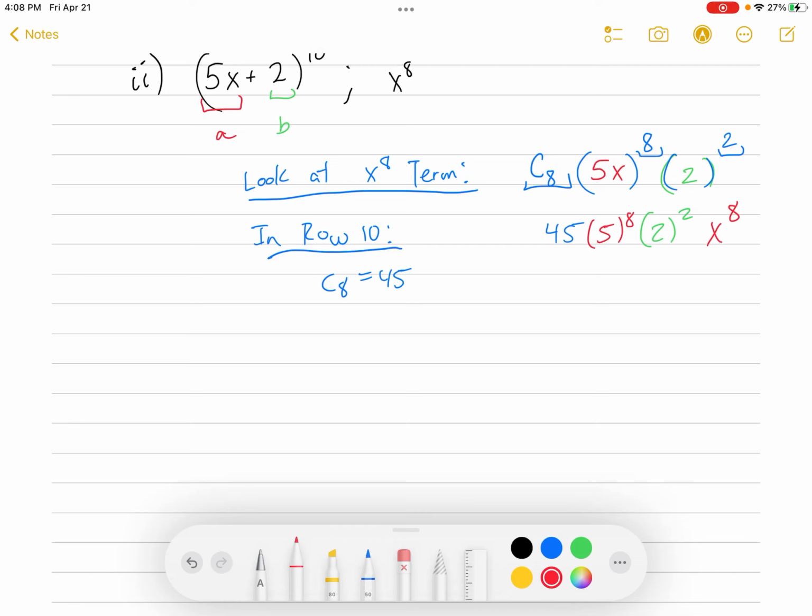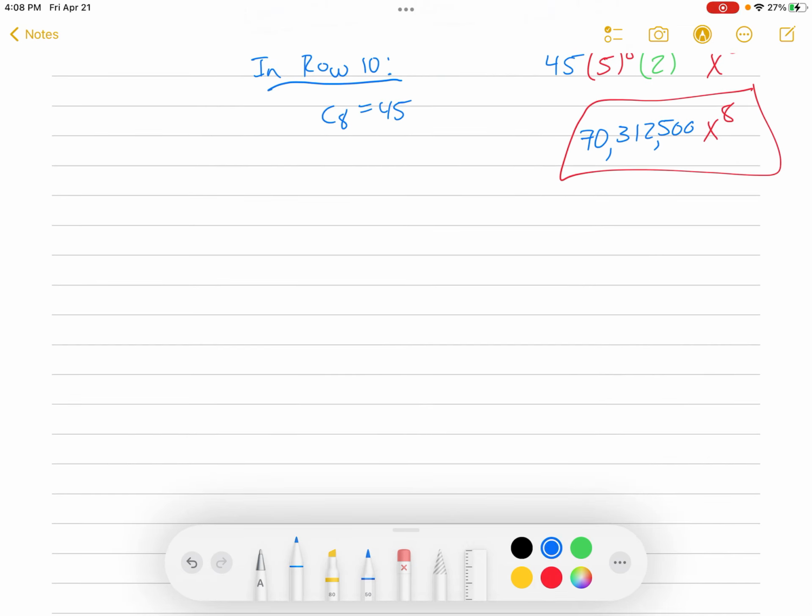So I have to find 45 times 5 to the 8 times 2 squared to get the overall coefficient of x to the 8. 45 times 5 to the 8 times 2 squared is a big number. It's going to be 70,312,500 times x to the 8th.